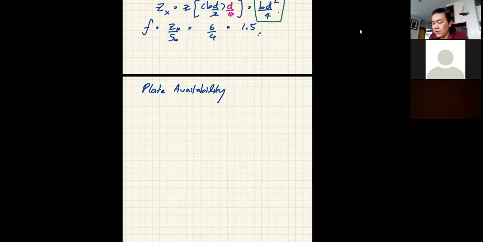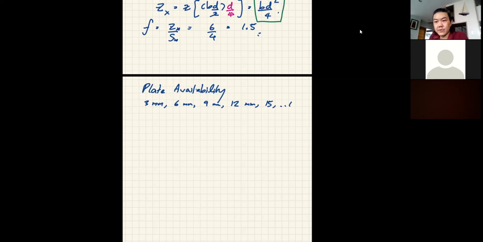That means you can easily find a plate of 3 millimeter thick, then 6 millimeter, 9, 12, 15, and 18, and so on.